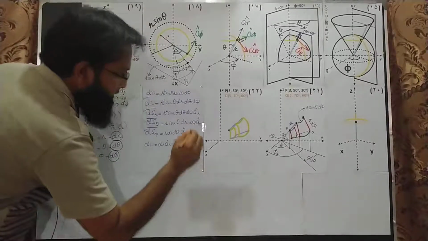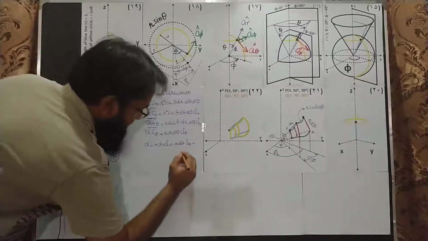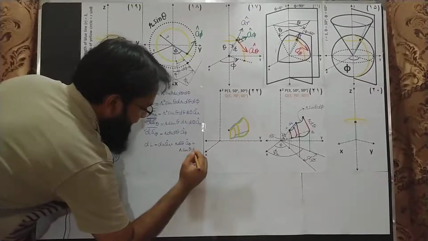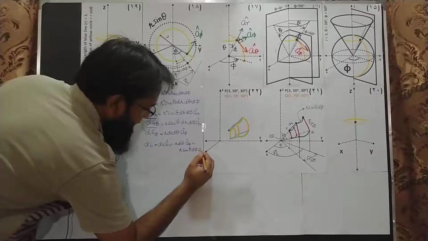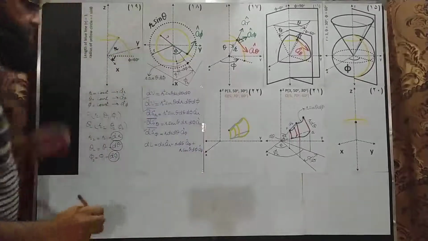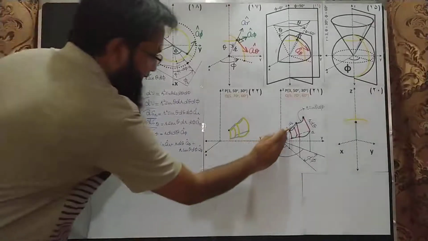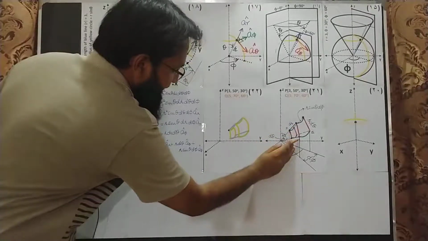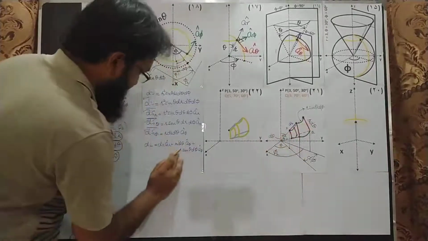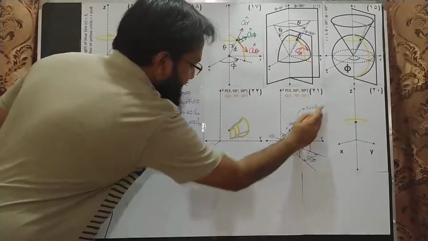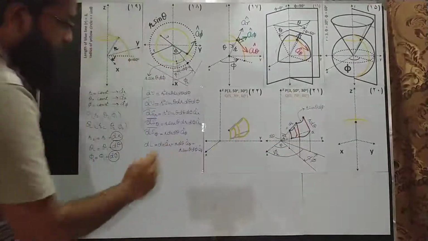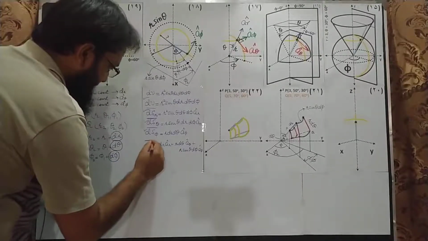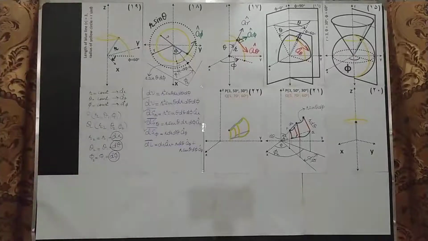Then move in the direction of a phi, how many units? r sine theta d phi units. This is now the differential length, and it should be again a vector quantity.